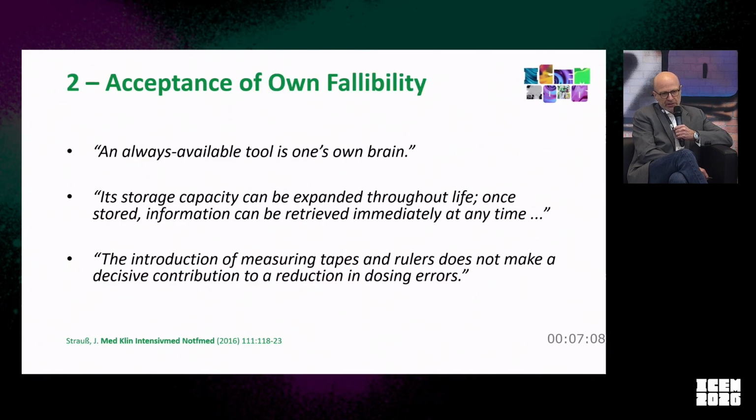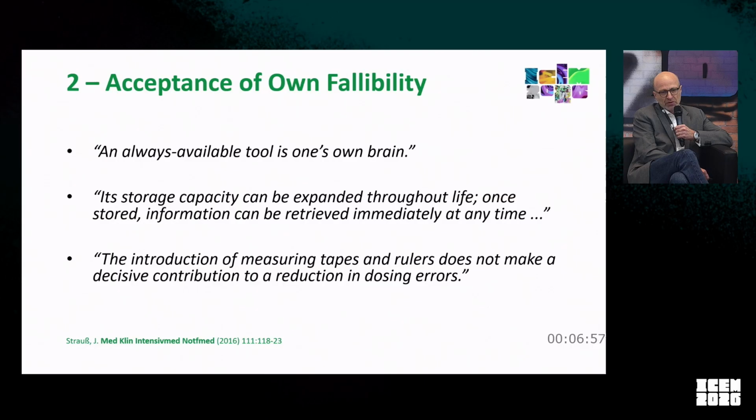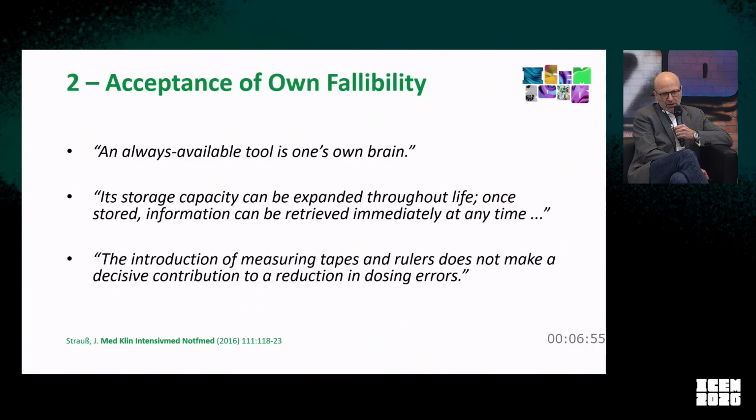The next very important thing is that we have to accept, each and everybody has to accept, his own fallibility, and this is an example for missing this. This is published.